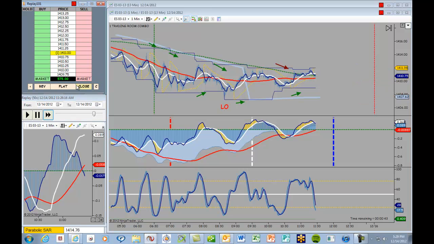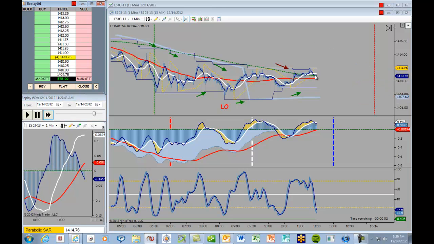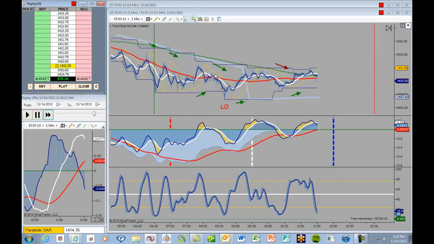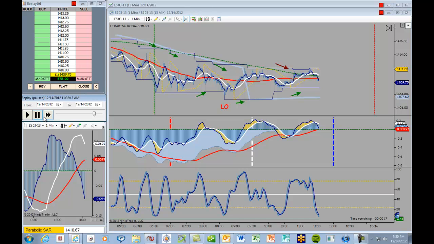And we're going to close that trade out because we should have been stopped out by the parabolic, but that didn't happen. Okay, well, we're not below the zero line here with this MACD, so let's just keep watching.